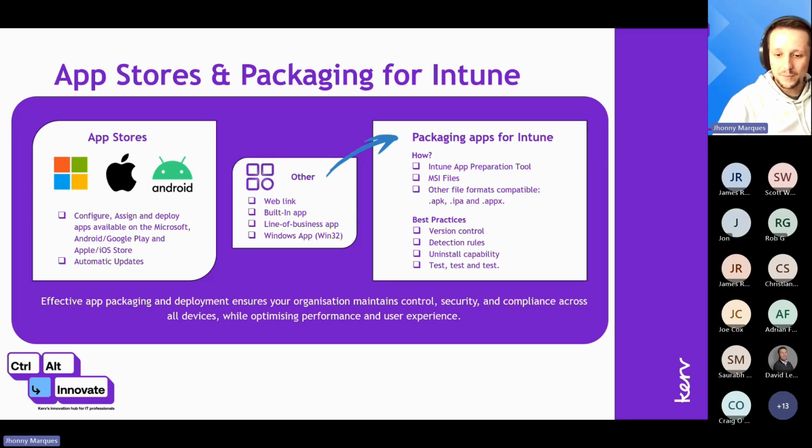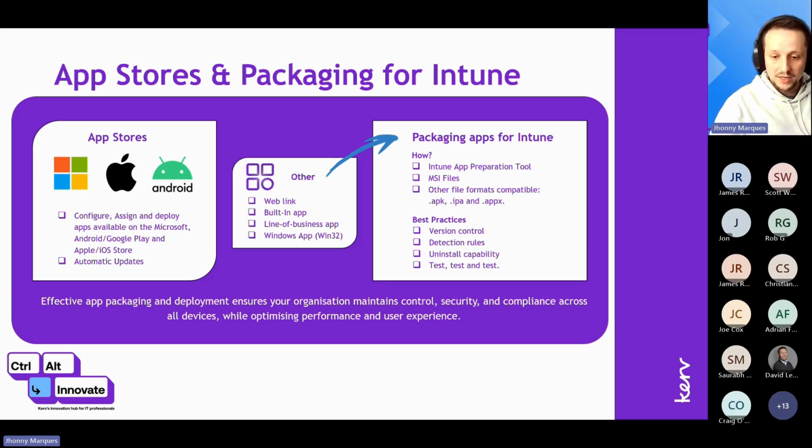It is basically a PowerShell script that you run, and it asks you what the app is. You enter the location of the app executable, and then it asks you for an output location, and then packages the app for you, and outputs a package file that you can then upload to Intune and configure and deploy to your devices.